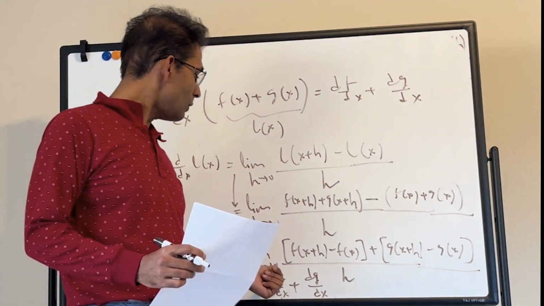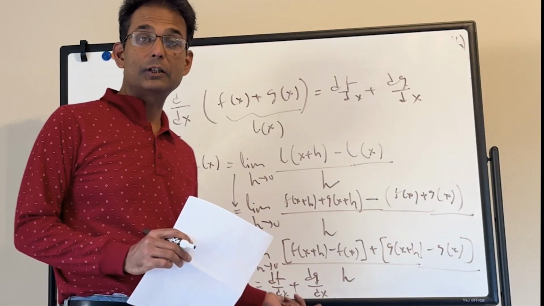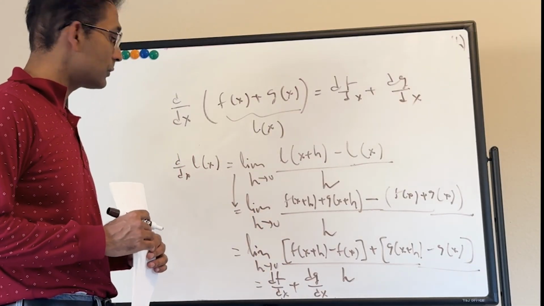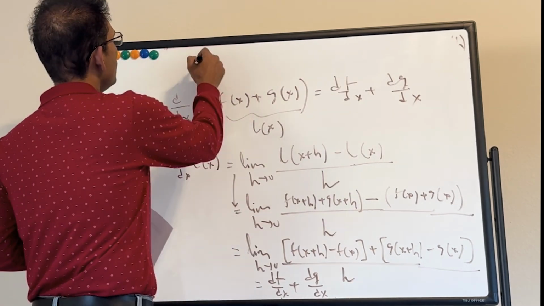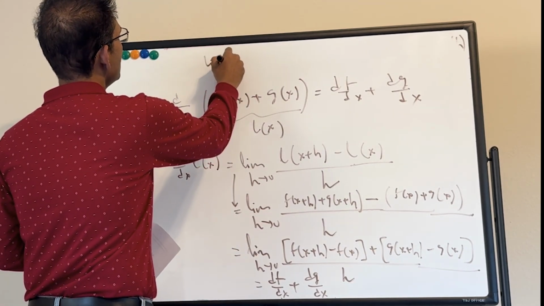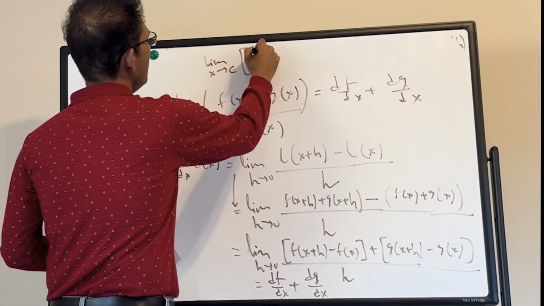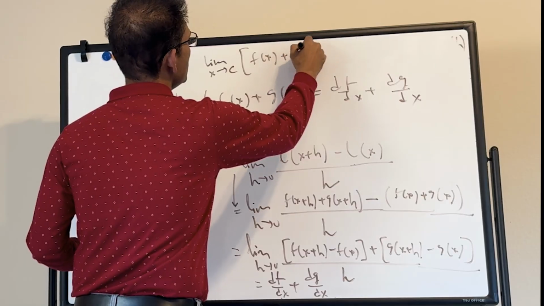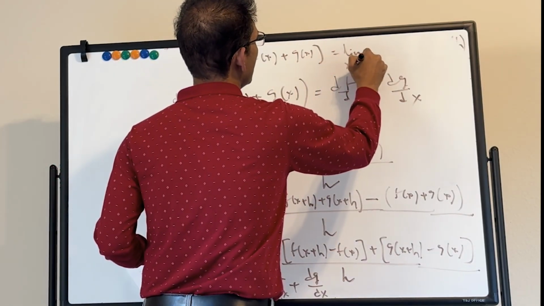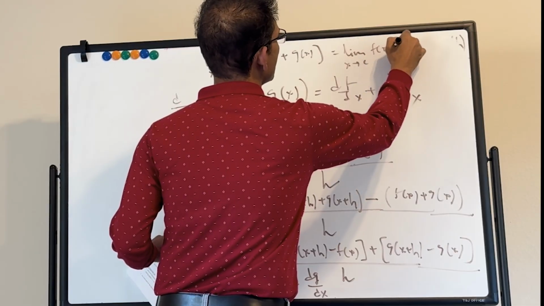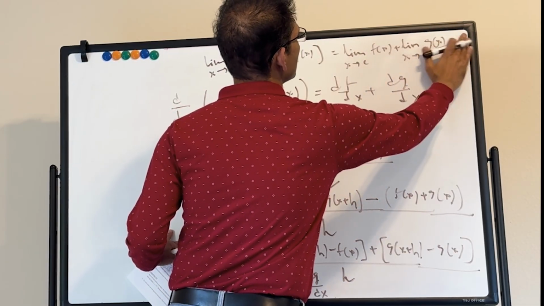We did not quite say it explicitly, but I'm going to say the following thing explicitly now, which we used here: the limit as x goes to c of f(x) plus g(x) is equal to the limit as x goes to c of f(x) plus the limit as x goes to c of g(x).